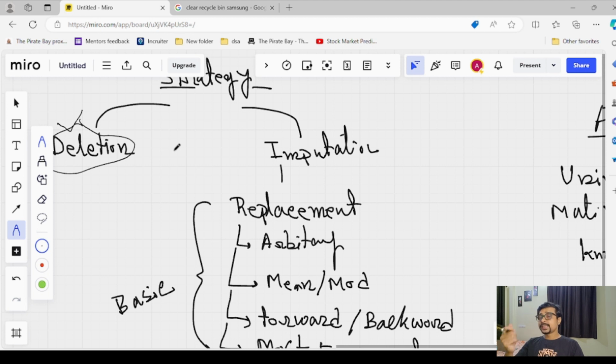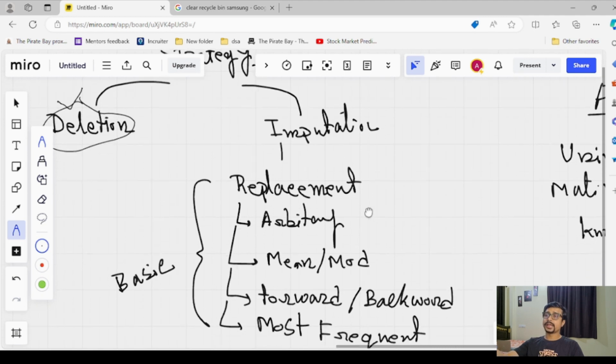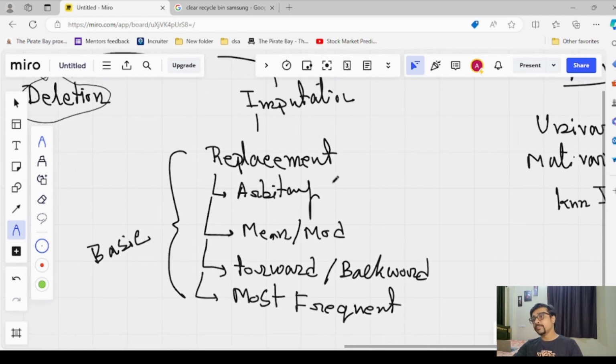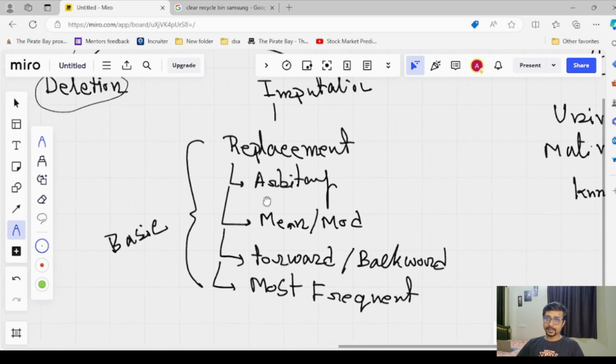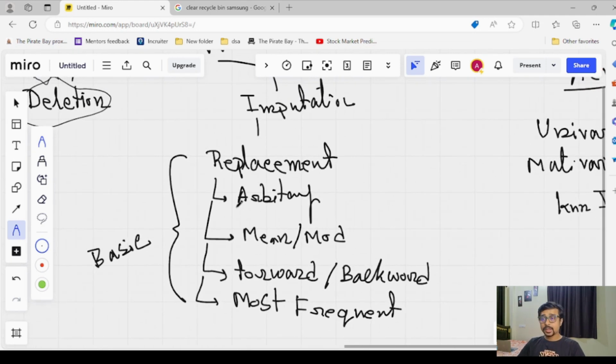Okay, the next strategy is basically imputation, which we do mostly, and whenever we get a pattern we can do it. Now what is the imputation technique? There are some basic imputation techniques and some advanced imputation techniques. Basic imputation techniques we'll be talking about today.